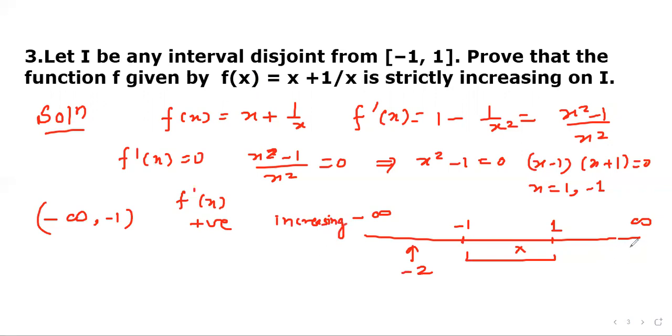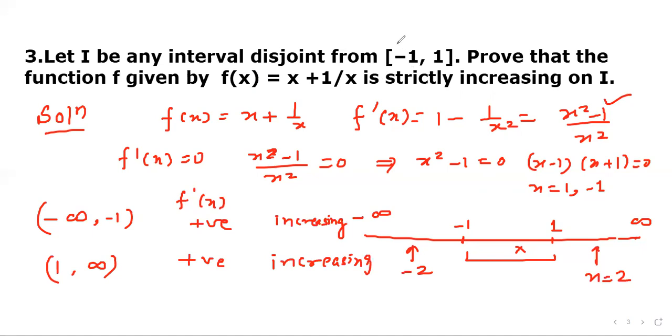Now let's take this interval. Let's choose x equal to this value here. So 1 to infinity, f dash x will be put here. So 4 minus 1, 3 divided by 4, that is positive. So f dash x is positive, so function is increasing.